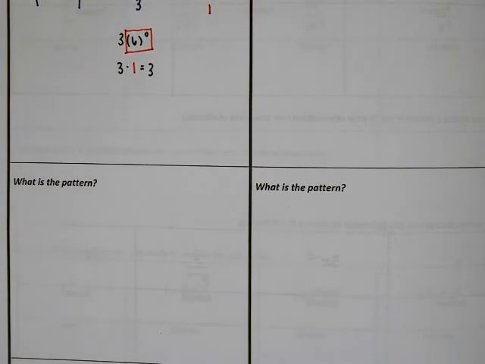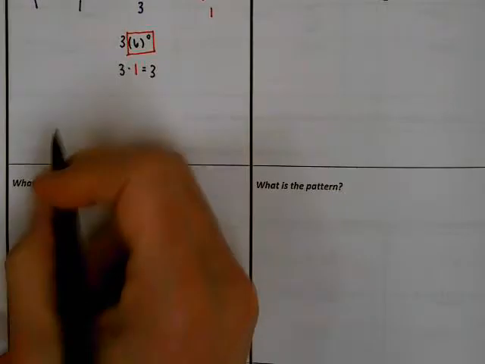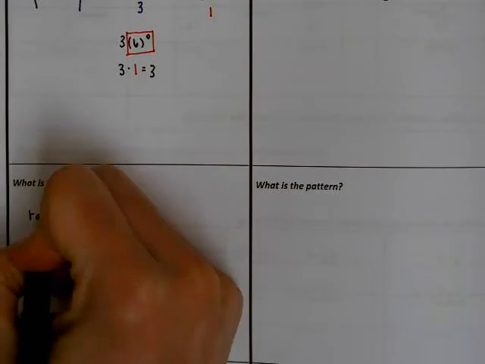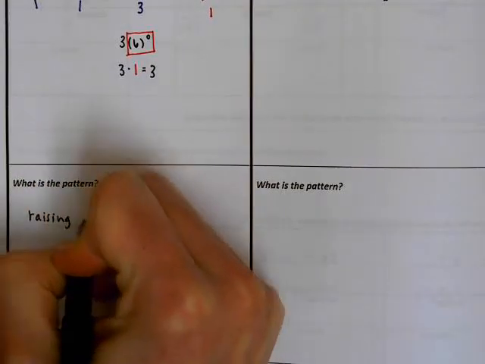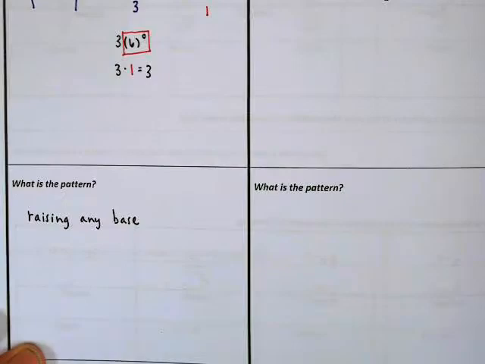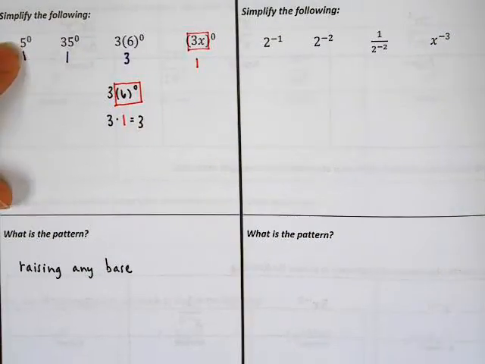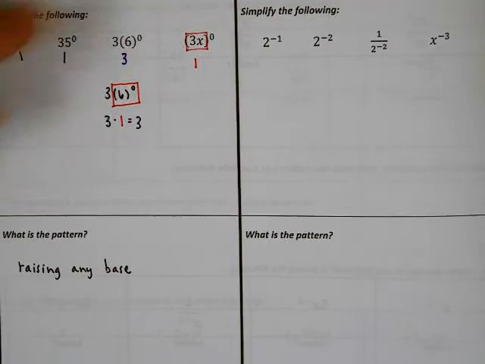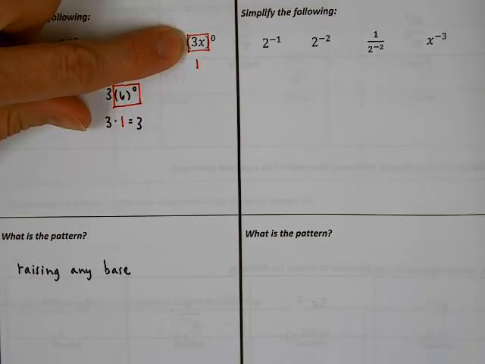So the pattern that we're noticing is that raising any base, in other words, my base could be a number, as in 5 here, or I could have a variable expression, like 3x.